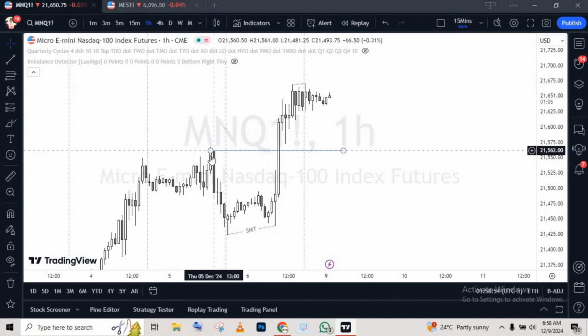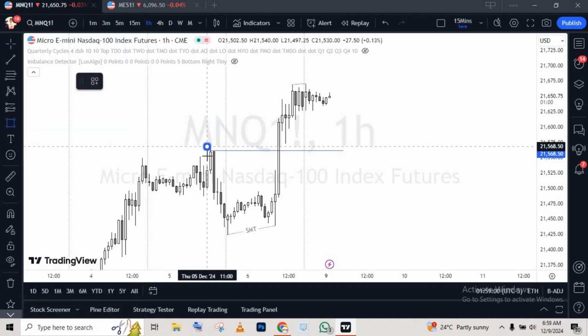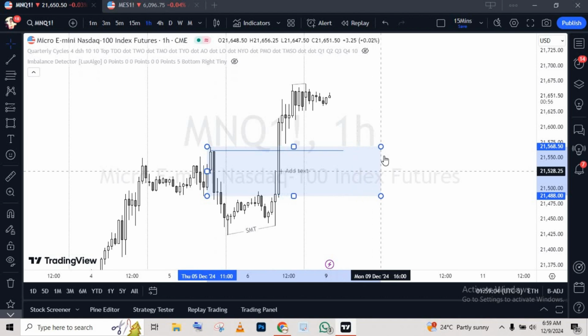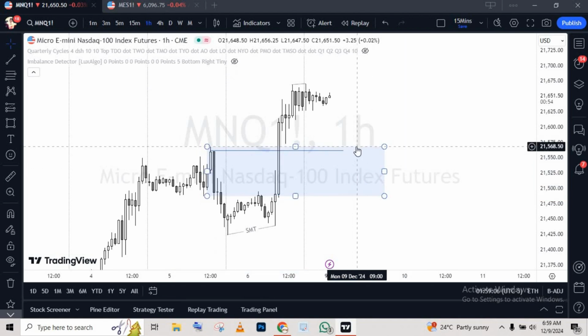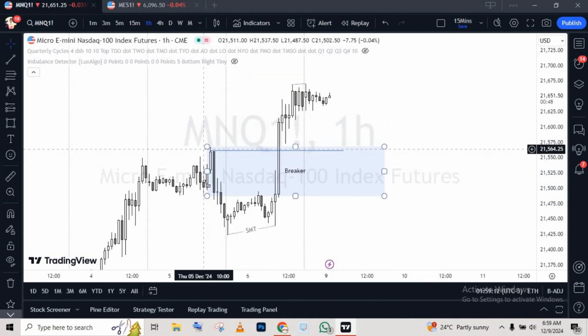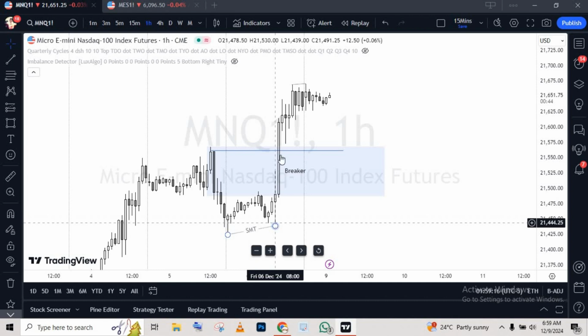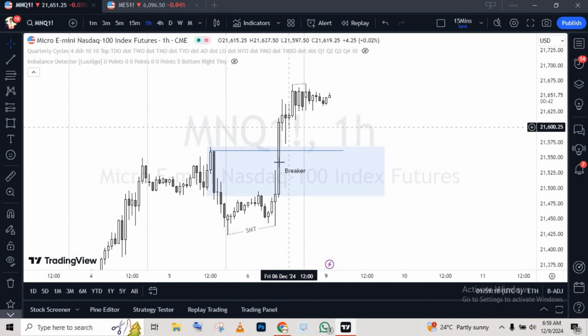So this order block here, that breaker, okay, if you're really seeing this is a breaker here, all the way to this low, stretch it out to the right hand side, we have a breaker right there. Okay. So that breaker, this order block, that opens all the way to the downside and we go through that together with this fair value gap.